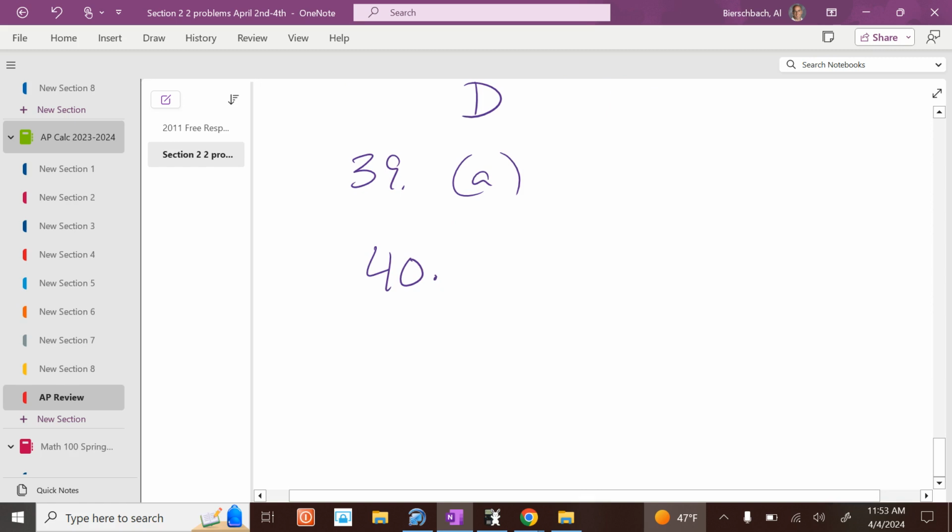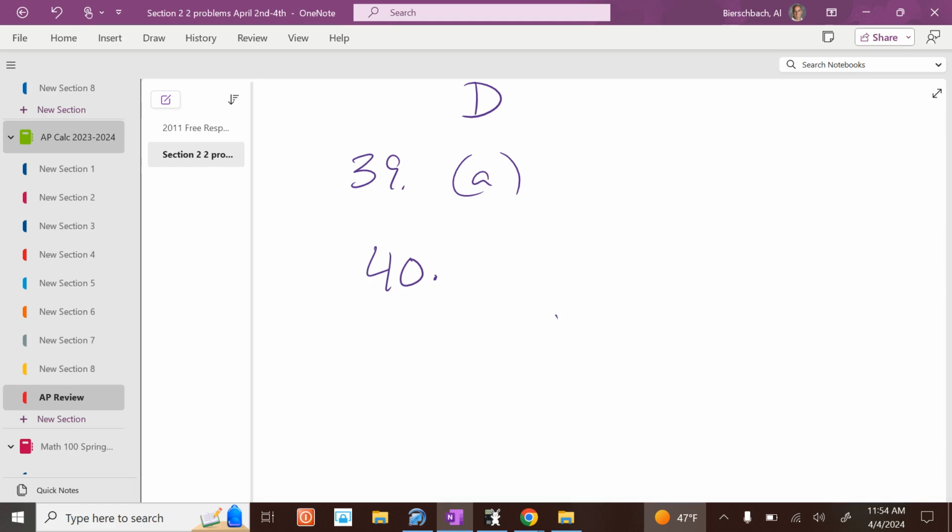All right. So the radius of a sphere is increasing at a rate proportional to itself. It doesn't say anything about surface area or volume.